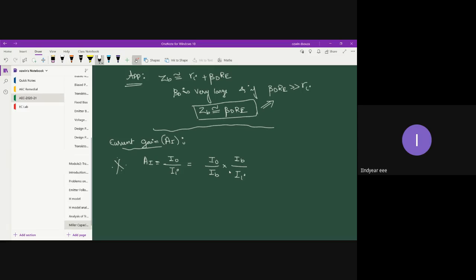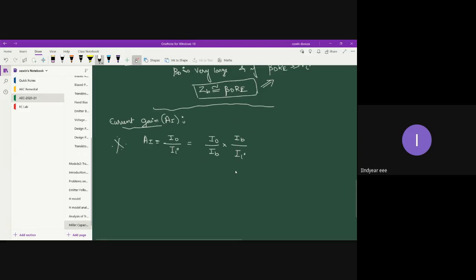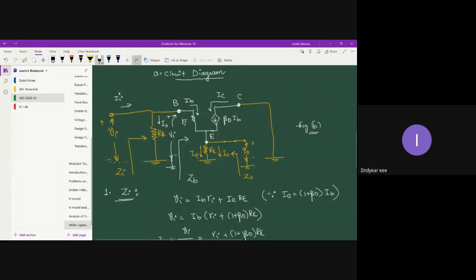By doing so, we get a proper relationship between the two currents, because on the input side you have current II as well as current IB, and on the output side you have current I naught. So you will be able to relate all these currents together.